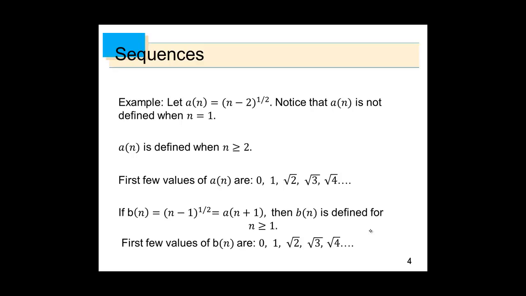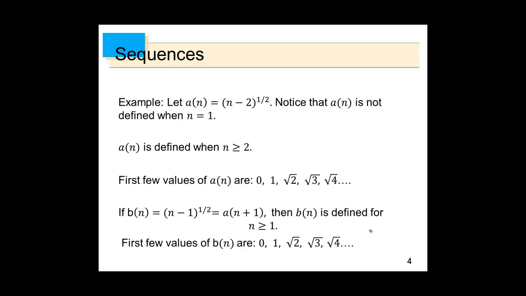For example, in this problem, A of n starts at 2, right? What should I do if I want to start at 3? Replace n by n minus 1, right? You'll see that you still have the same sequence, but now you're starting at 3.